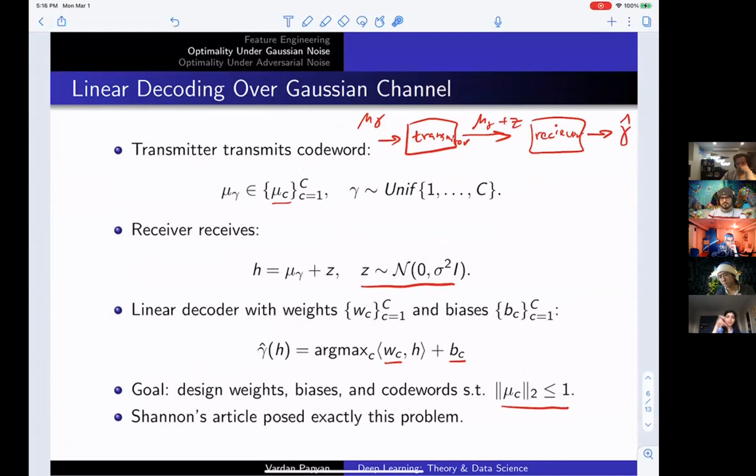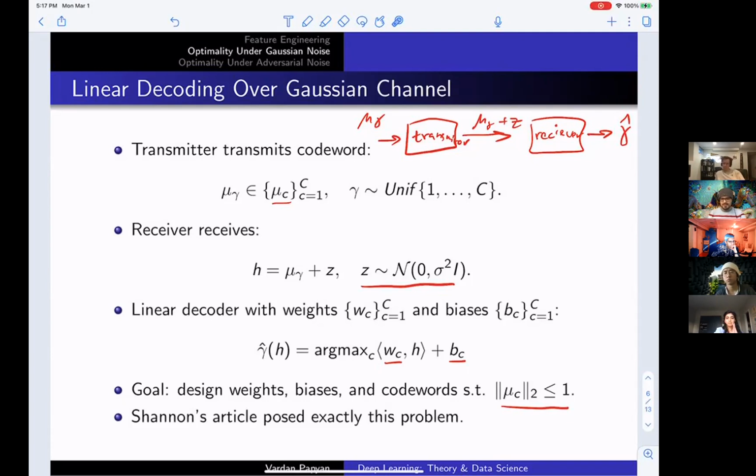Like the noise, we're adding noise. Not quite, because in this case, the noise is not adversarial, right? But we will see, as you propose, we will see that as well in a few slides.